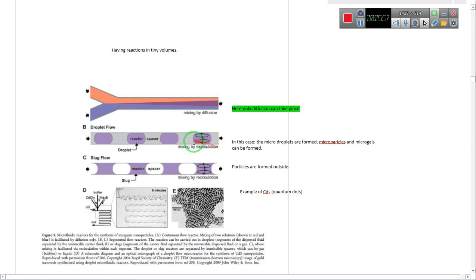And you see here that the mixing, the recirculation of the reagents which are used for the production of the nanoparticles happen in these confined droplets. So we have a very well control over the size. Sometimes the synthesis of the nanoparticles happens within this reactor, but sometimes happens out of these droplets. So the reactor is here, as you see.